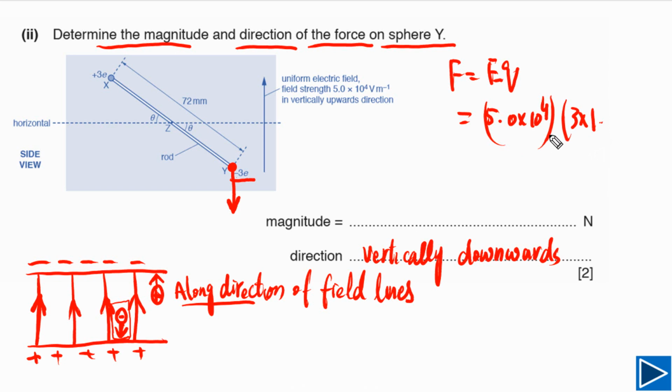So this is 3 times e, where e is the elementary charge. So it means 3 × 1.6 × 10^-19. If we simply multiply these, we can find the magnitude of force on this sphere Y. And that value is 2.4 × 10^-14 newtons.